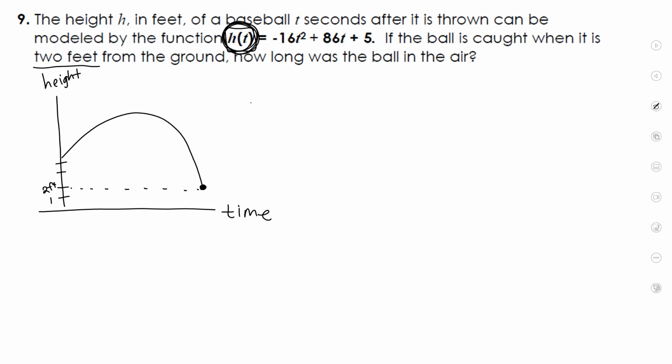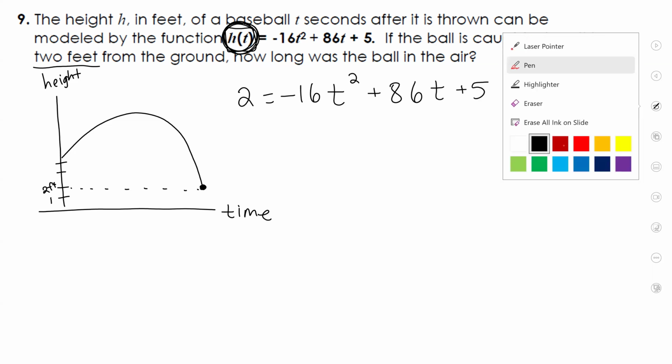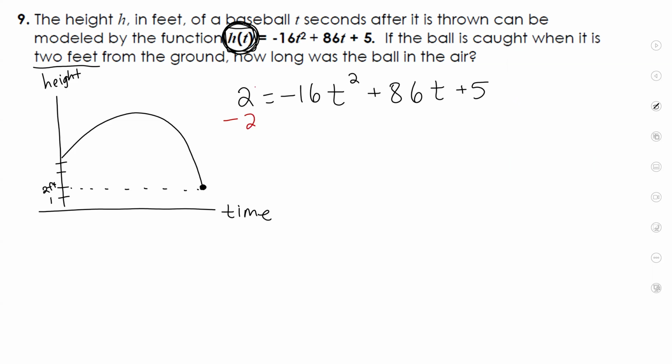So you put a 2 there, and you need to solve for time, because we want to know how long it took to get to 2 feet. So that's when you subtract 2. Exactly, good. Now what are you guys going to do? What formula do you need? Yes, quadratic formula.